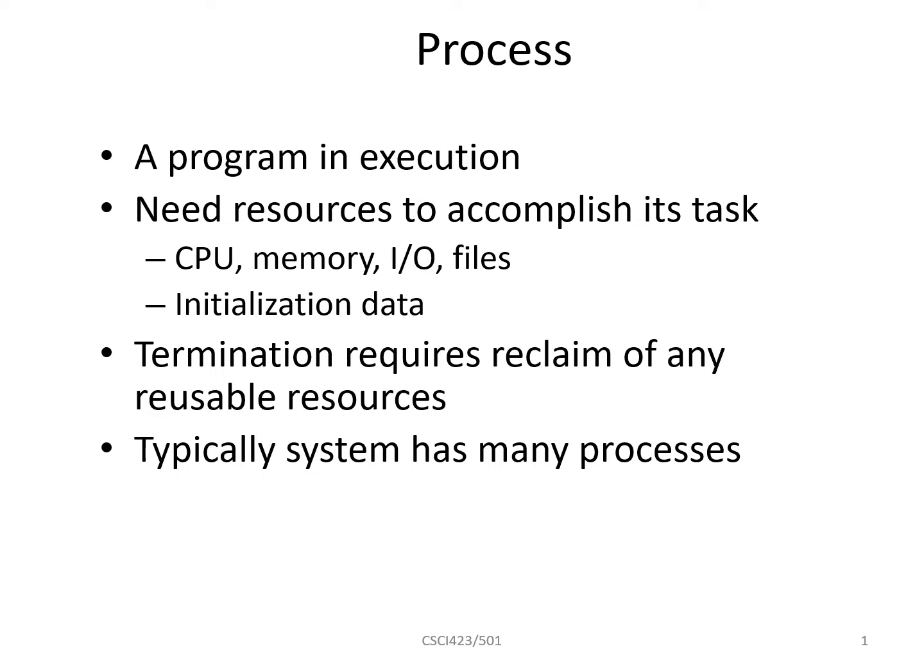It also needs the main memory to temporarily store the data and also the binary code for the process itself. And of course, it may need to access I/O, and it may need to read data from files and write the results back to the files. Those are the typical resources that may be required by a process.